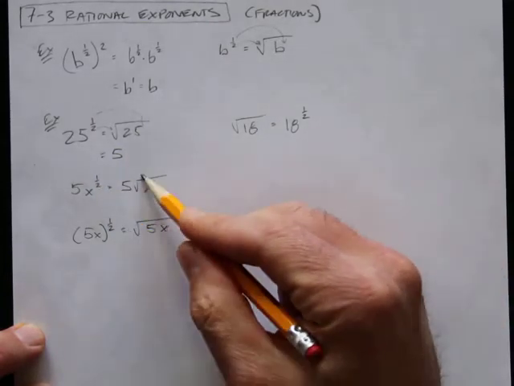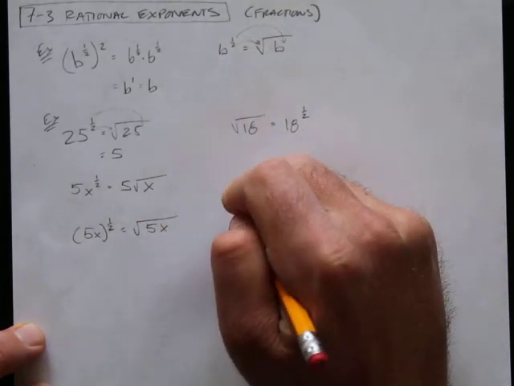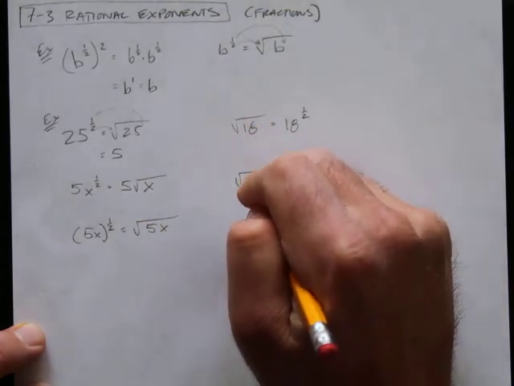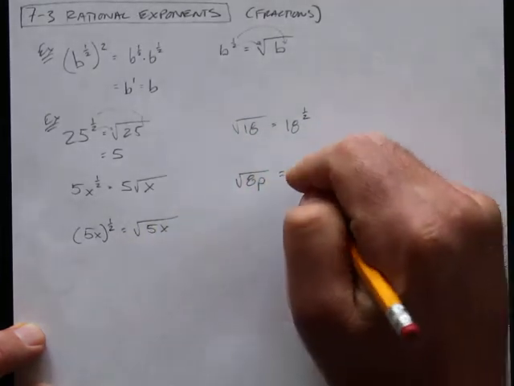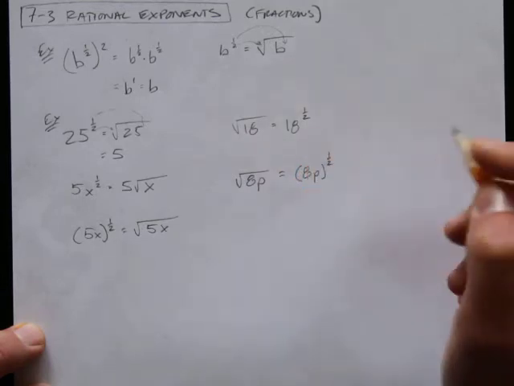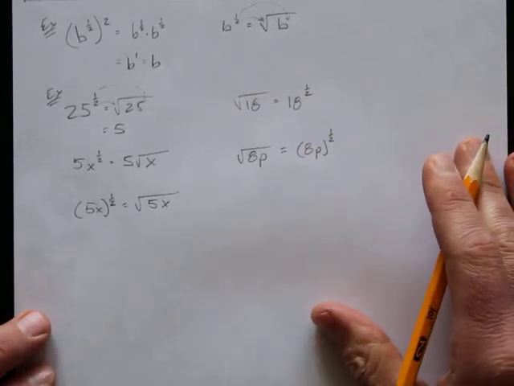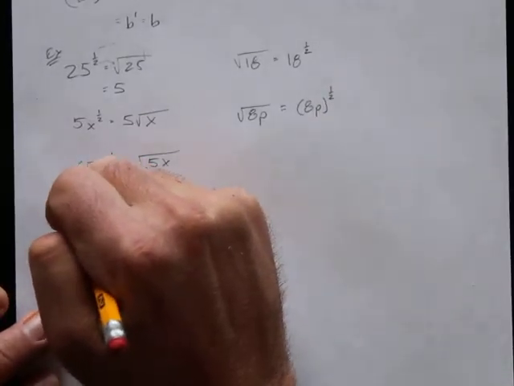So hopefully you can see the difference between these two. Another one, if I have the square root of 8p, so that's similar to this one right here, then I would put 8p in parentheses and raise that to the power of 1/2. All right, now you try some of these very similar deals.